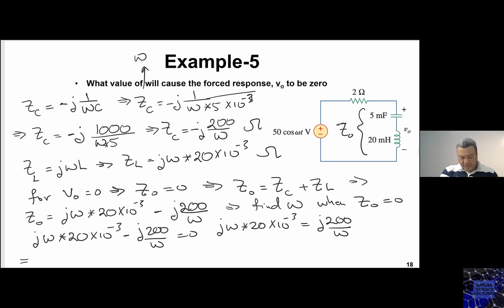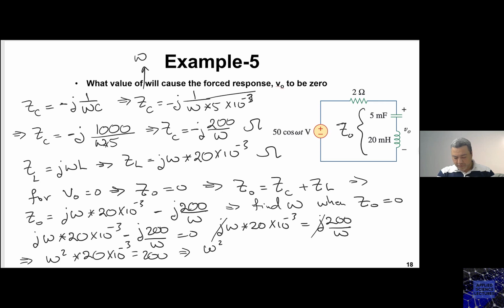What do you get? And of course J is going to cancel. You get omega squared times 20 to the power minus 3 equals 200, right?